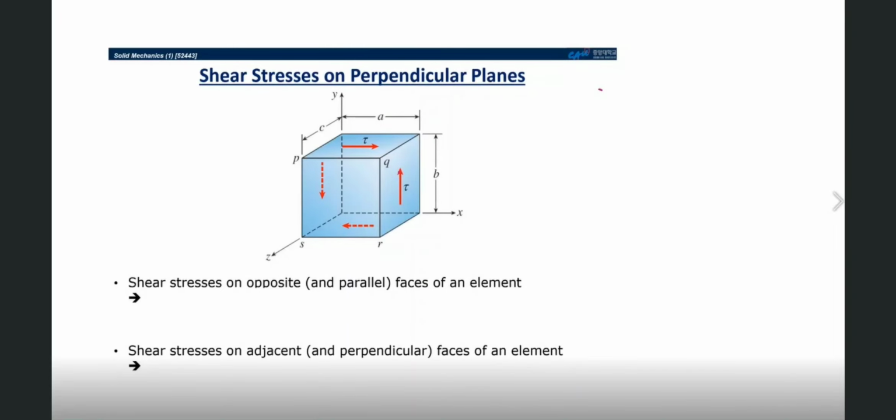Okay, then move on to this next slide. Now let's consider equality of shear stresses on perpendicular planes. So here you can see the small element of material subjected to shear stresses. According to the force equilibrium condition, you can identify the direction and magnitude of the shear stresses.